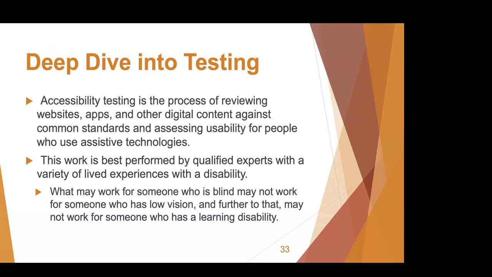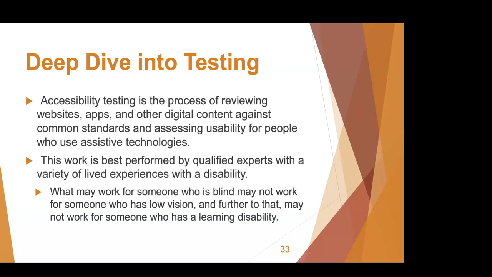What may work for one person with one disability might not work for another person. So what might work for someone who is blind might not work for somebody who has low vision. The accessibility needs are actually quite different. And that further might not work for somebody with a learning disability. So it's really important to have that variety of testing so that different disabilities can be assessed.